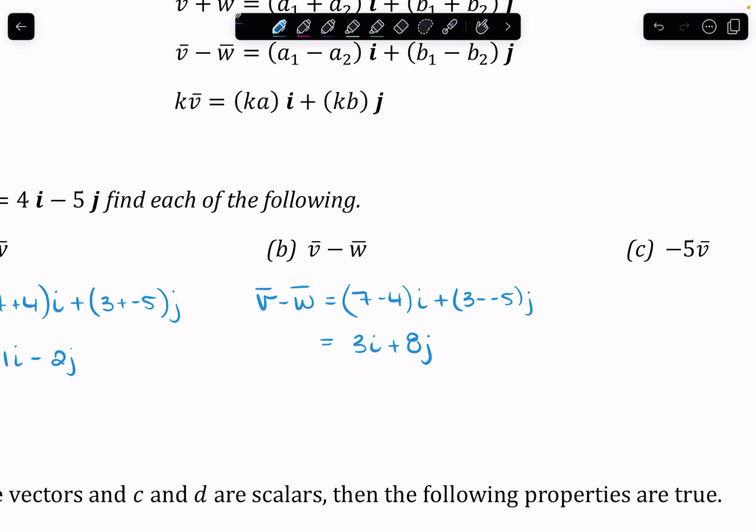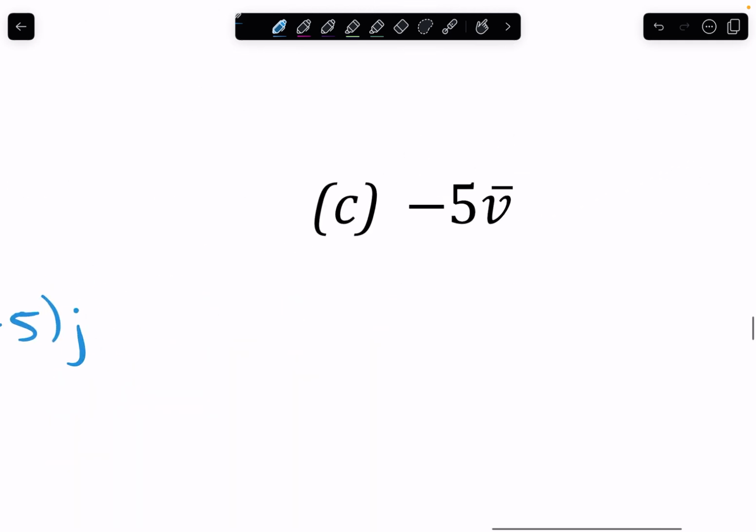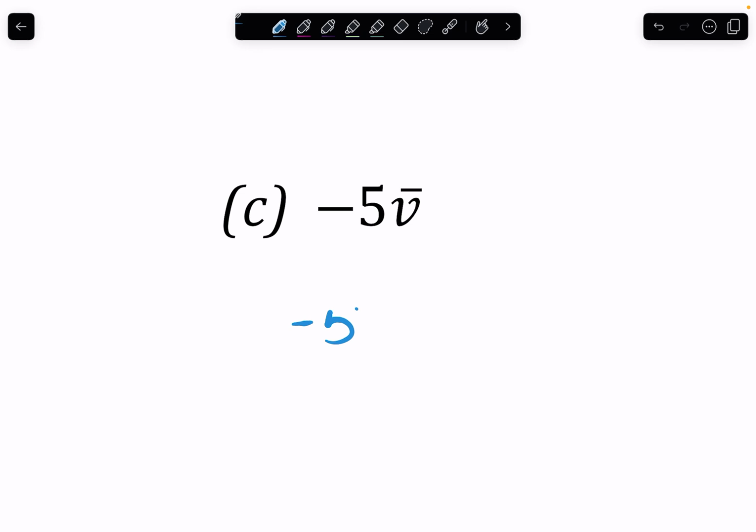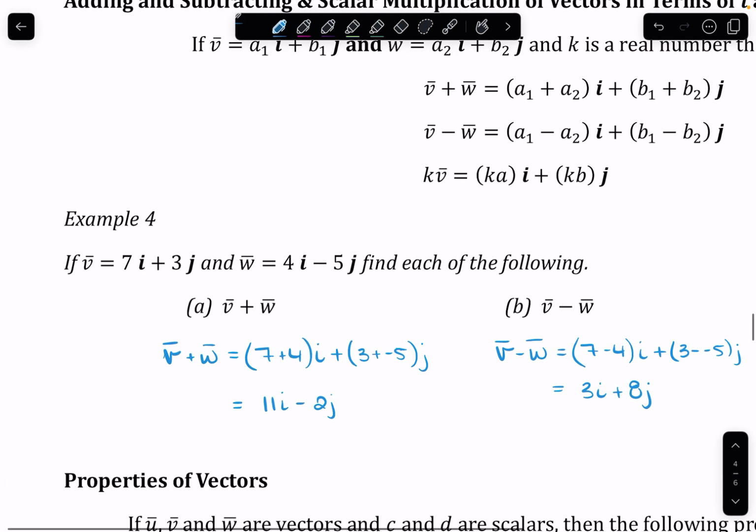All right, scalar multiple of v. So we're multiplying the vector v by negative 5. That transitions, think distributive property. Multiply each of the corresponding i and j parts by your scalar. So negative 5v is going to be negative 5 times, I don't remember what i was for v, 7.